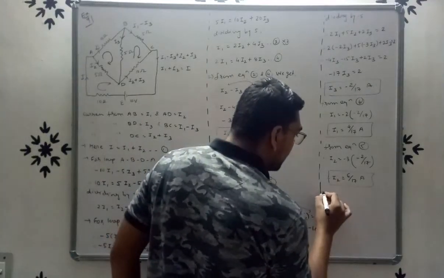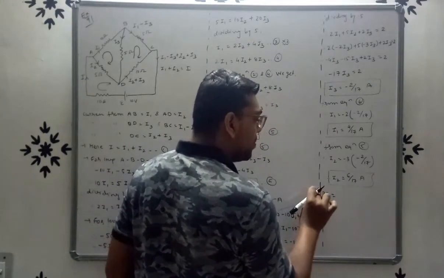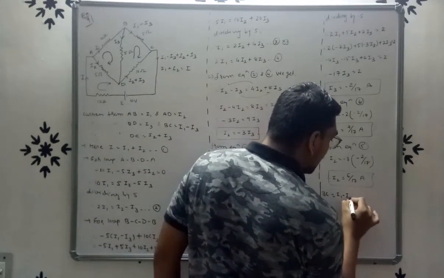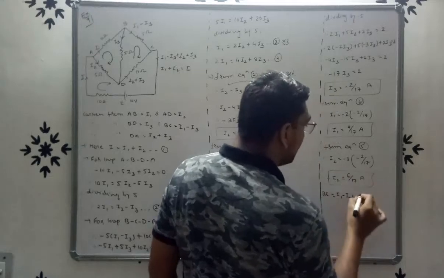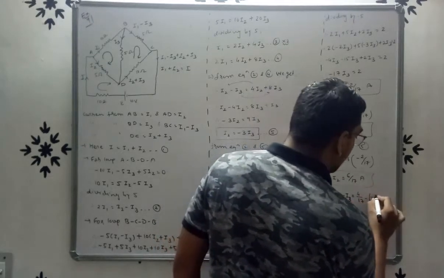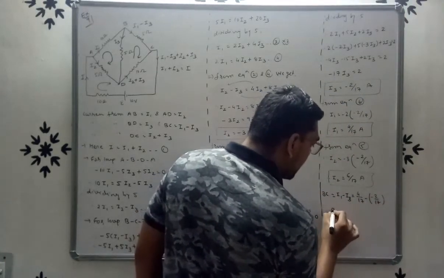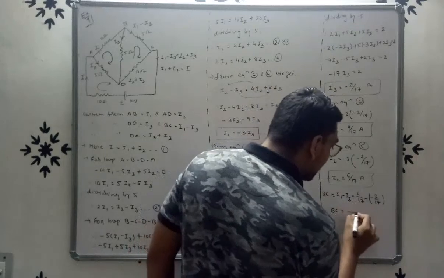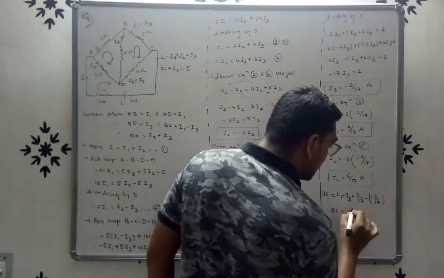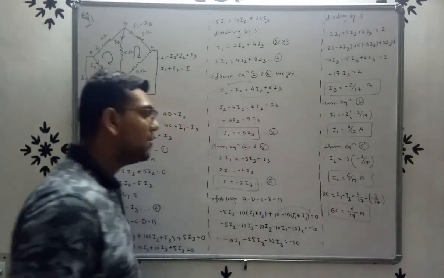So you have to write the full sentence: current flowing from BC is equals to I1 minus I3, value of I1 4 by 17 minus value of I3 minus 2 by 17. So here 17 LCM, 4 minus minus plus, so 6. So 6 by 17 ampere.